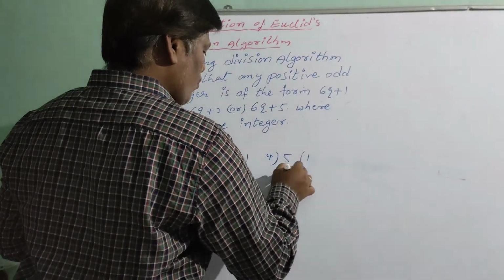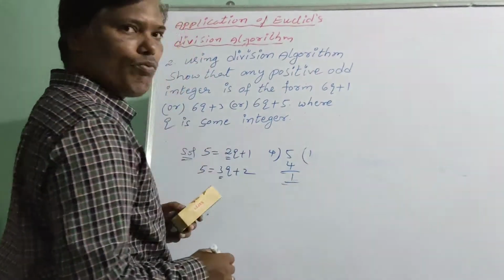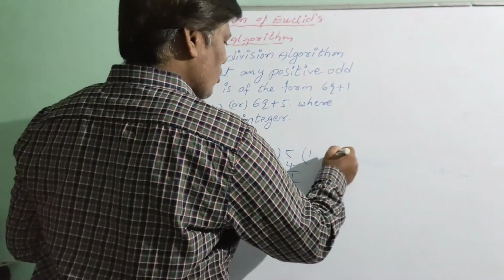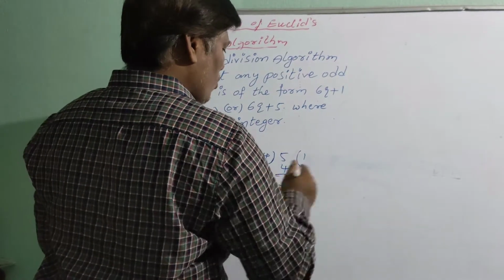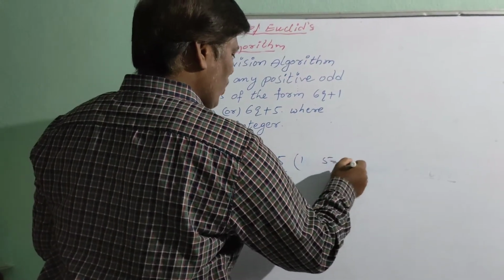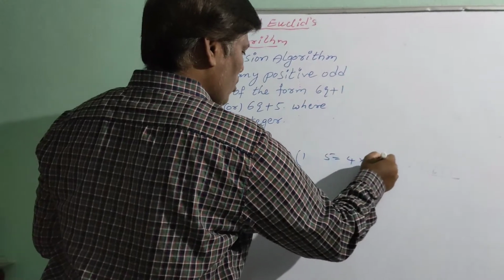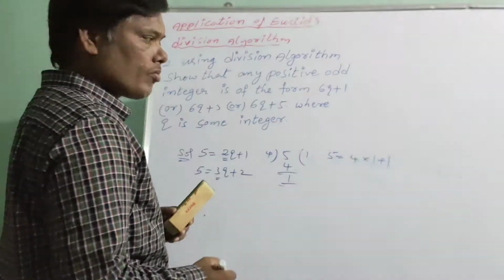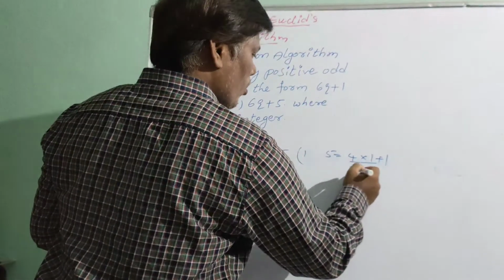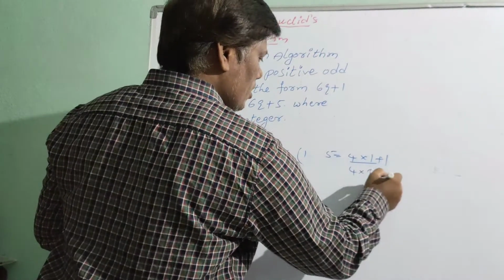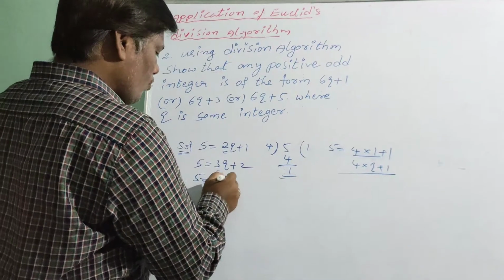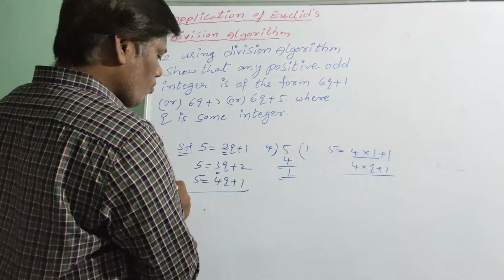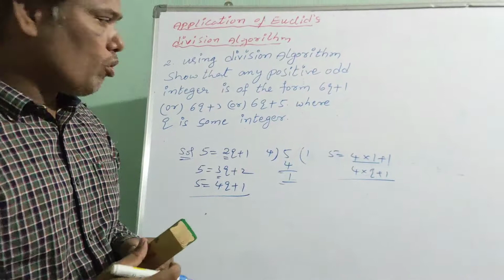Then 4 1s are 4, remainder is 1. So if you express it in the form of a statement, 5 is equal to divisor 4 into quotient 1 plus remainder 1. Now it is in the form of 4 into some quotient plus remainder 1. So here we will get 5 is equal to 4q plus 1.